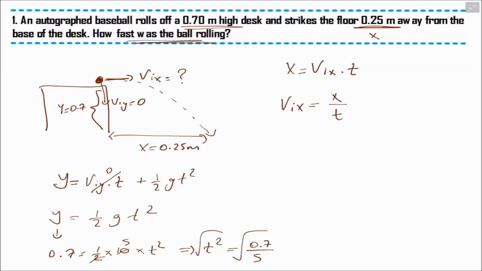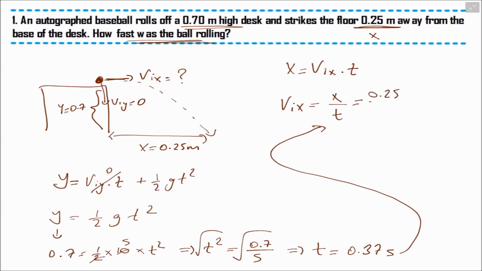If you take the root of both sides, t is going to be 0.37 seconds. And then we will substitute this value here. So x is 0.25 and t is 0.37. So the result is going to be 0.67 meters per second.